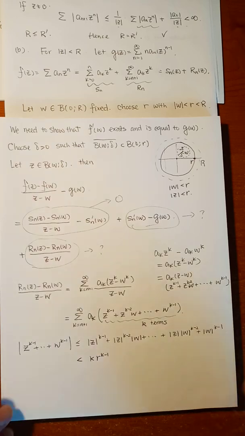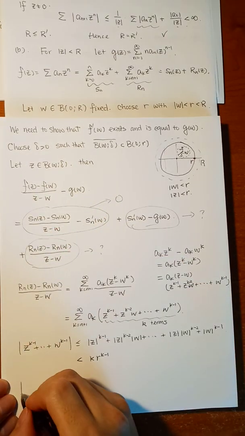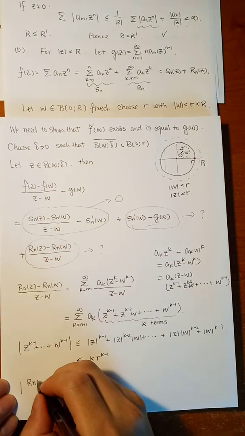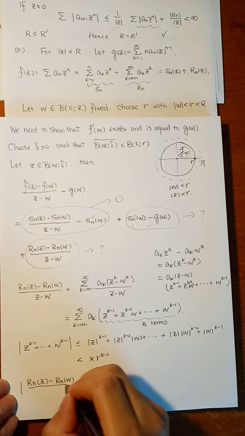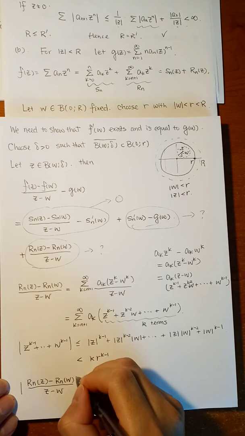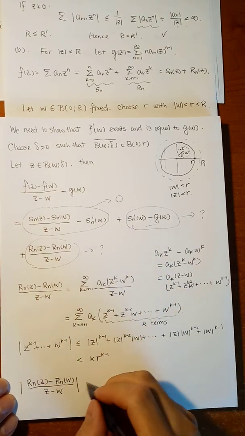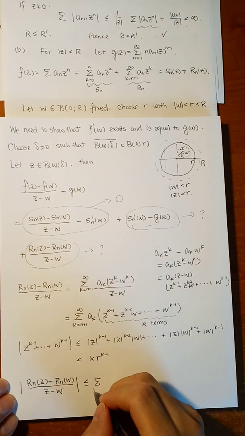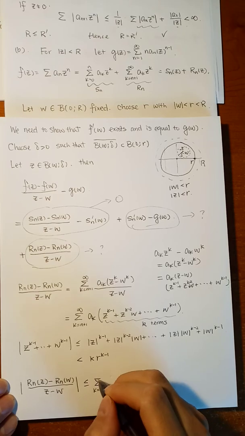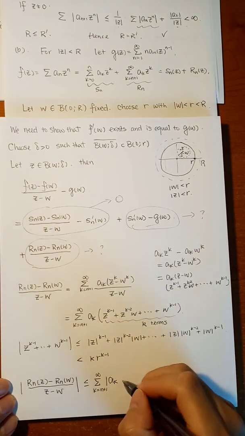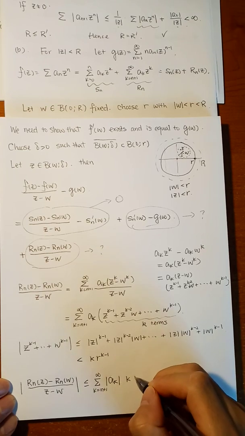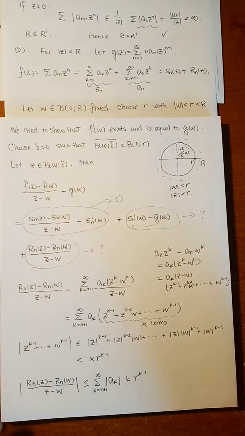Okay, so by the triangle inequality, we can estimate each term by absolute value of ak times k times r^(k-1).